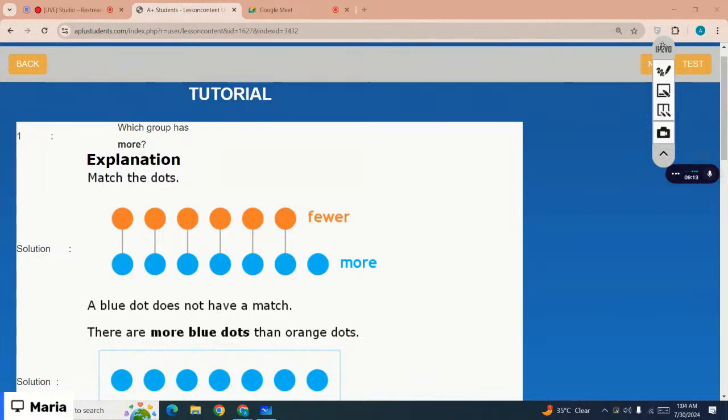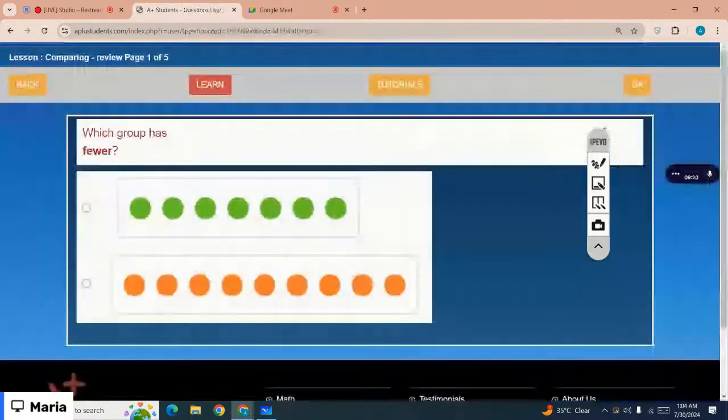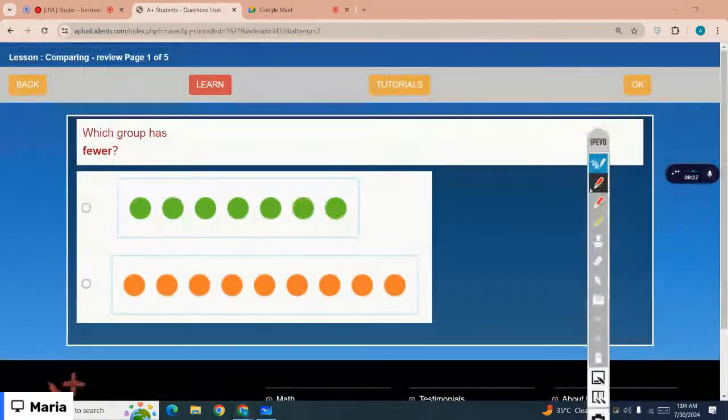Okay, so let's just start with an example. Which group has fewer? Now we are given two of the groups, right? The green and the orange group. Let's just match them, right?